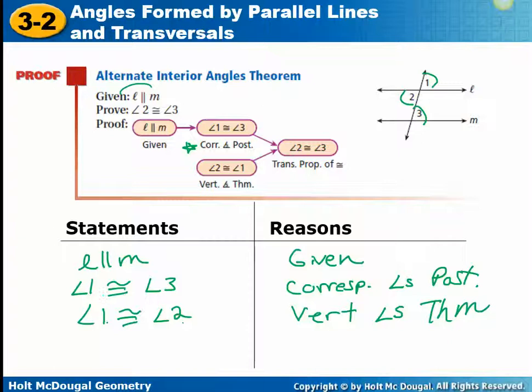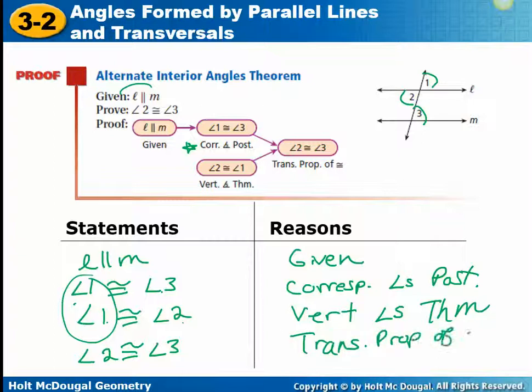So now we have angle 1 is congruent to angle 2. We also have angle 1 is congruent to angle 3. So I can use the transitive property to jump over this part. It's the same for both of them. And I can say that angle 2 is congruent to angle 3 by the transitive property of congruence.